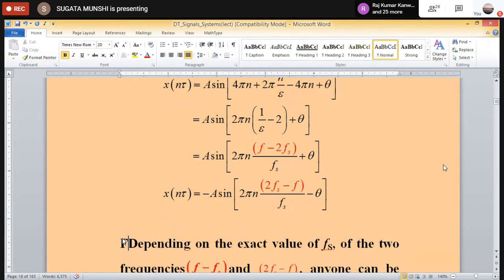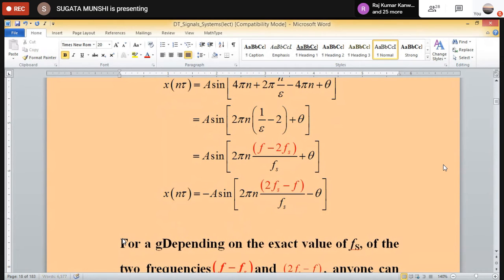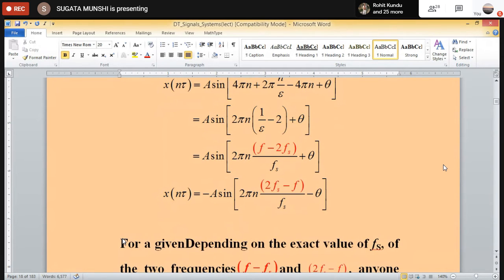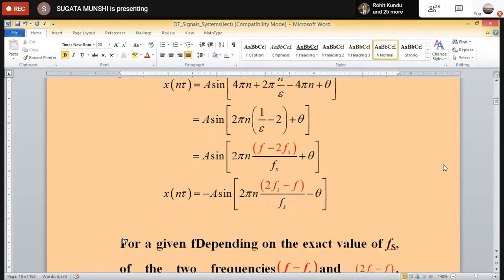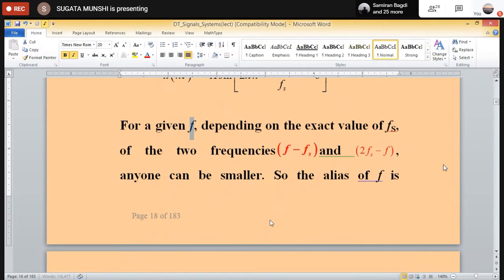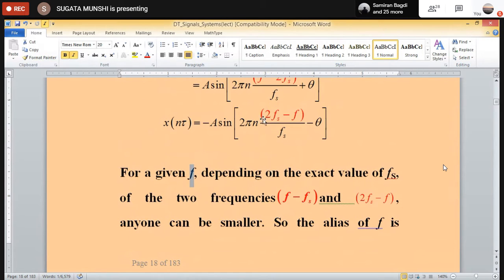For a given F, I hope you have written down the expressions.